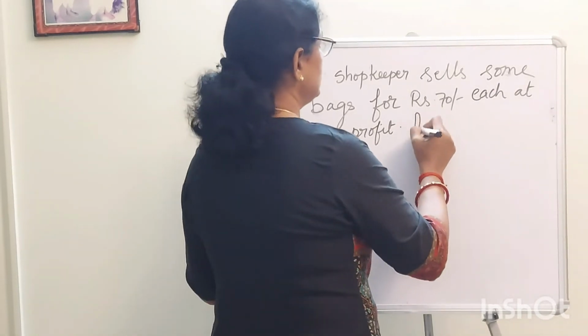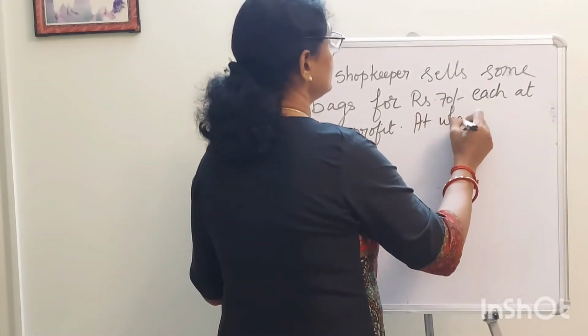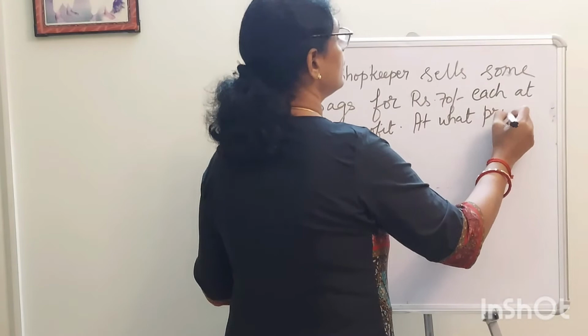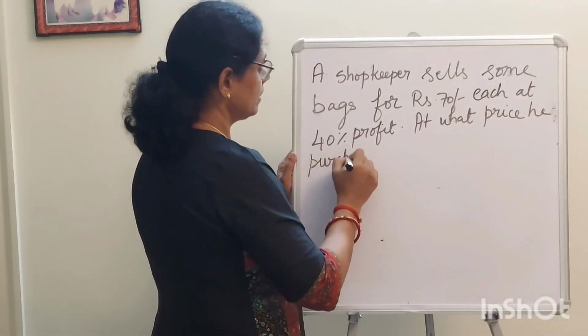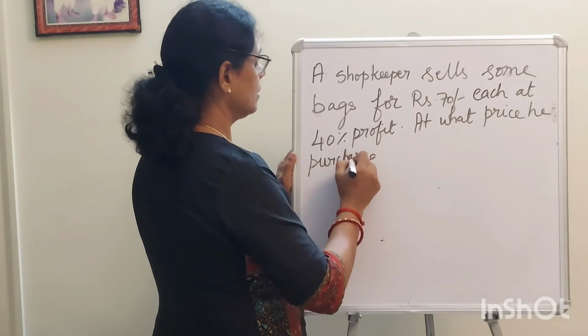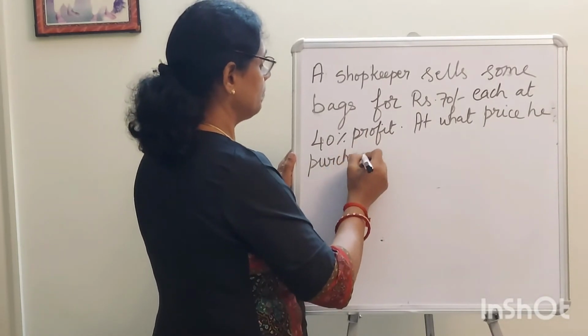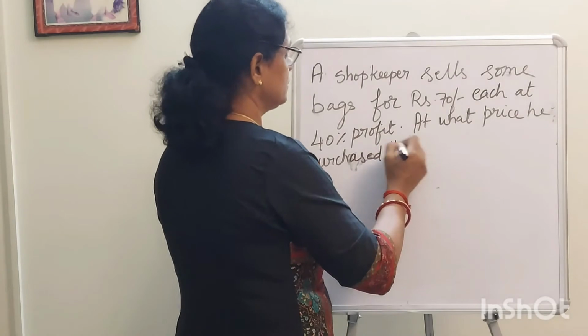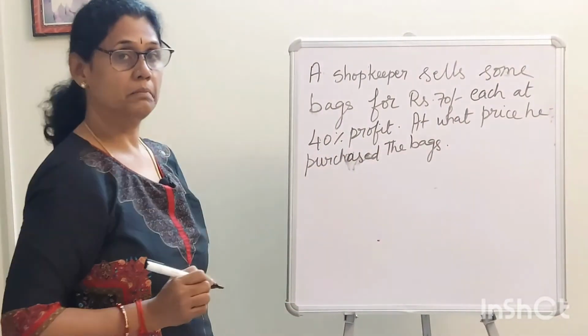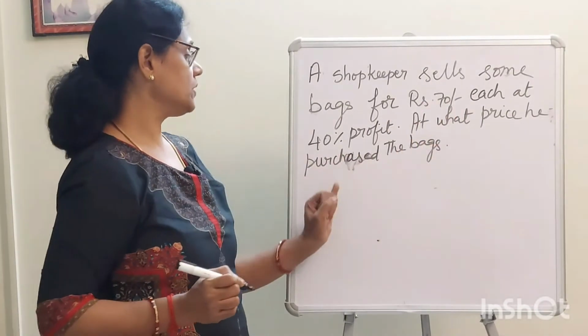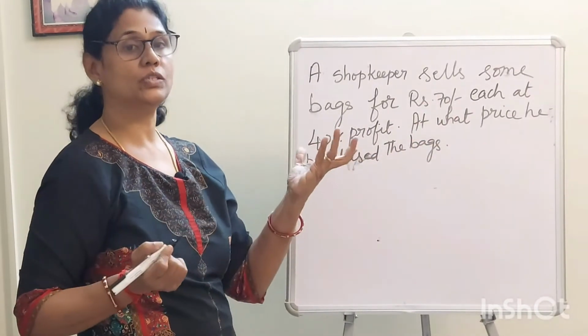At what price he purchased the bags? That is the cost price of the bags. So at what price he purchased the bags? You have to find out the cost price.